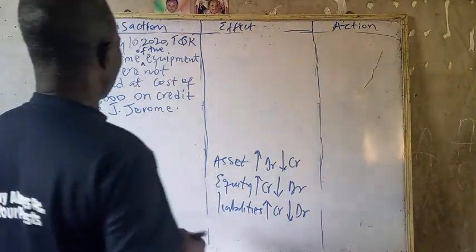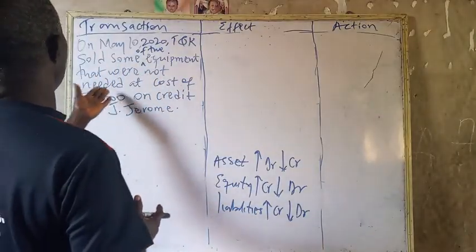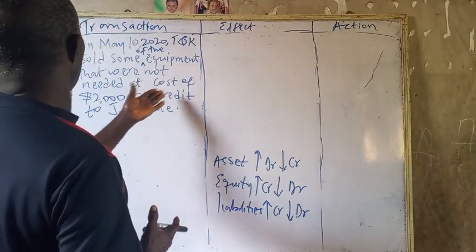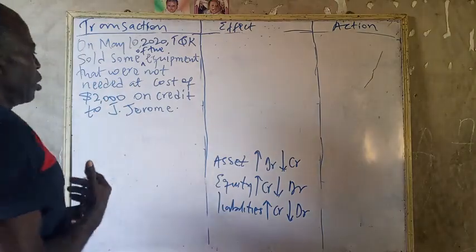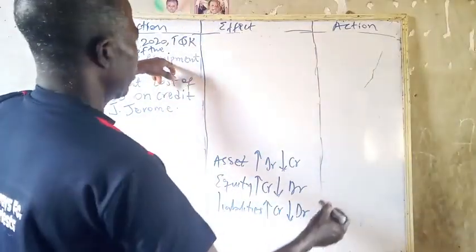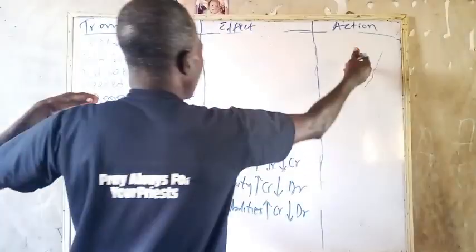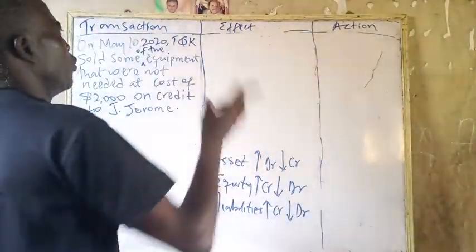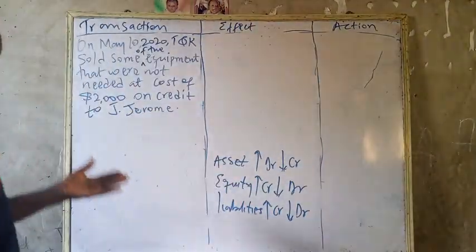What is the first effect? Equipment is going out. That equipment is decreasing. What is the action? You credit. But I will always put debit first, because debit, credit.